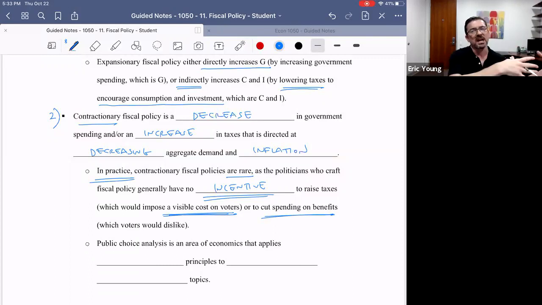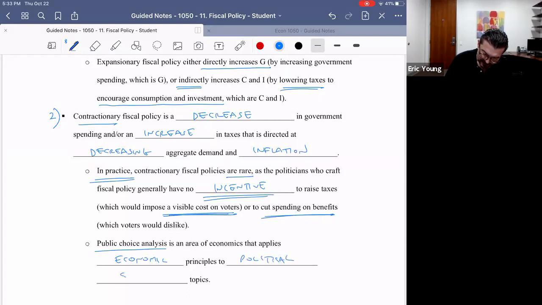This is a really quick little segue just for your knowledge and your jargon knowledge. There's a great branch of economics that's known as public choice analysis. And what public choice analysis does, it's an area of economics, and it applies economic principles to political science topics. And this has become a really popular field in economics, especially in our country, because increasingly we can see the motivations of politicians as rooted in economic theory.